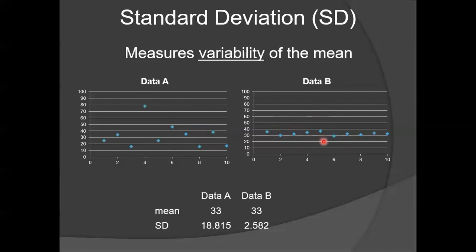When we calculate standard deviation from this set, we get a large number, indicating that the data set represented by the mean of 33 is highly variable. In data set B, the standard deviation is quite low, indicating that the majority of data points are consistent around the mean of 33.